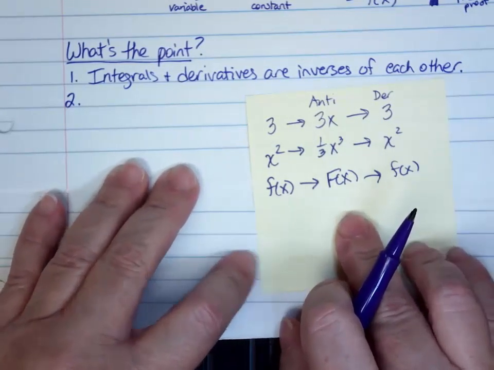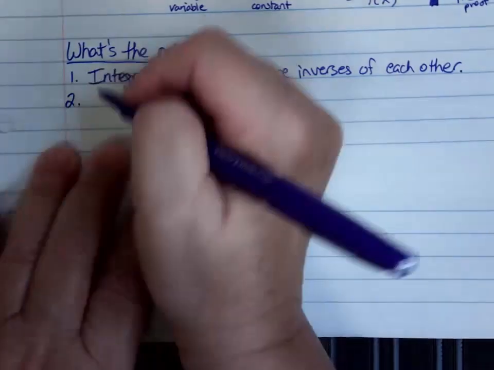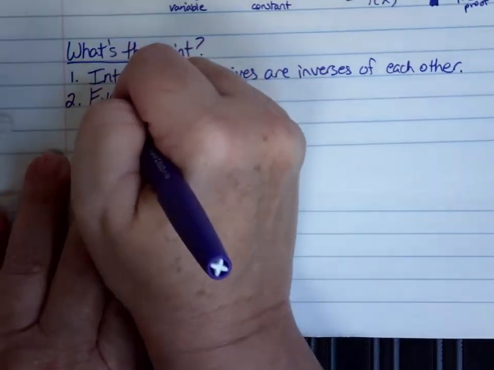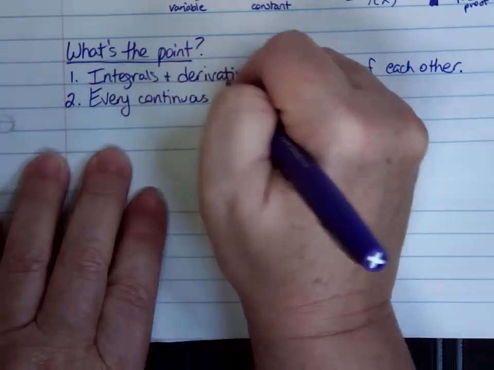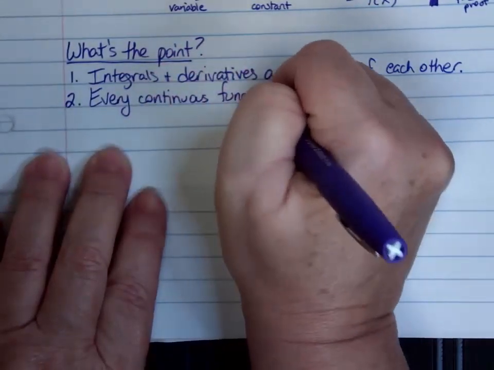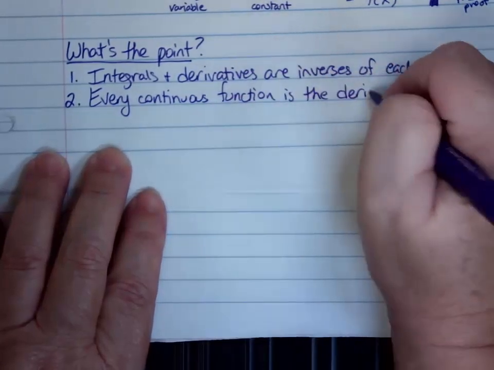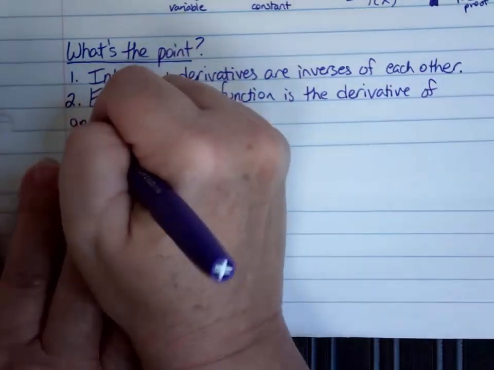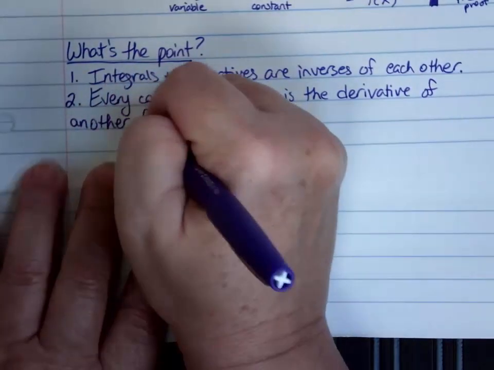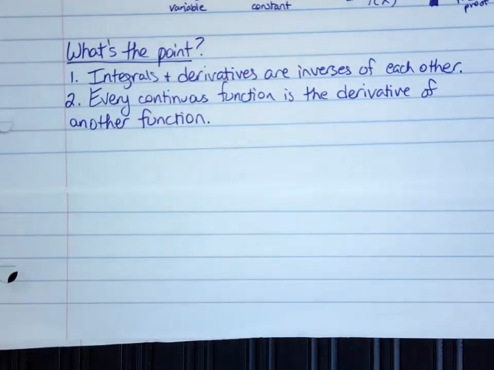Okay? So here's the way we're going to write that down. Every continuous function is the derivative of another function. Every continuous function is the derivative of some other function.